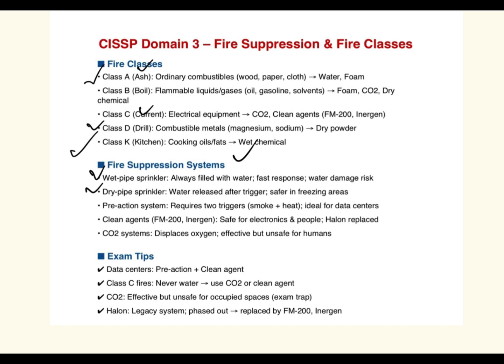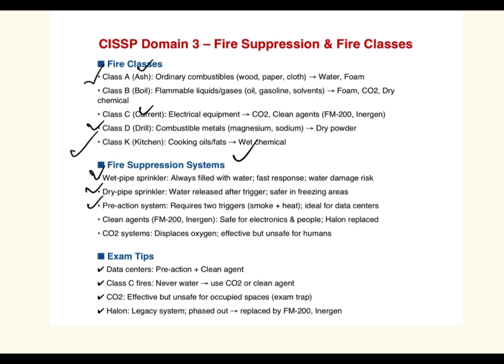So it is good for cold environments where pipes might freeze. There could be a slight delay compared to a wet system because, as we know, wet systems release water immediately.